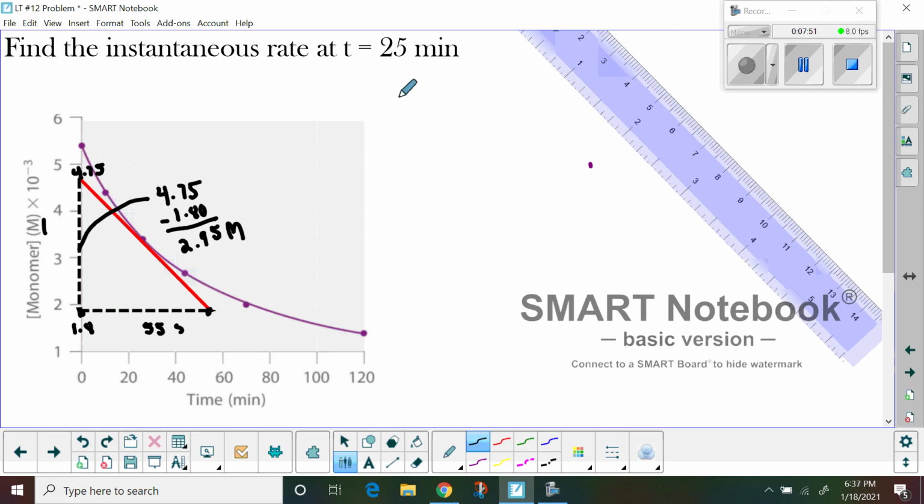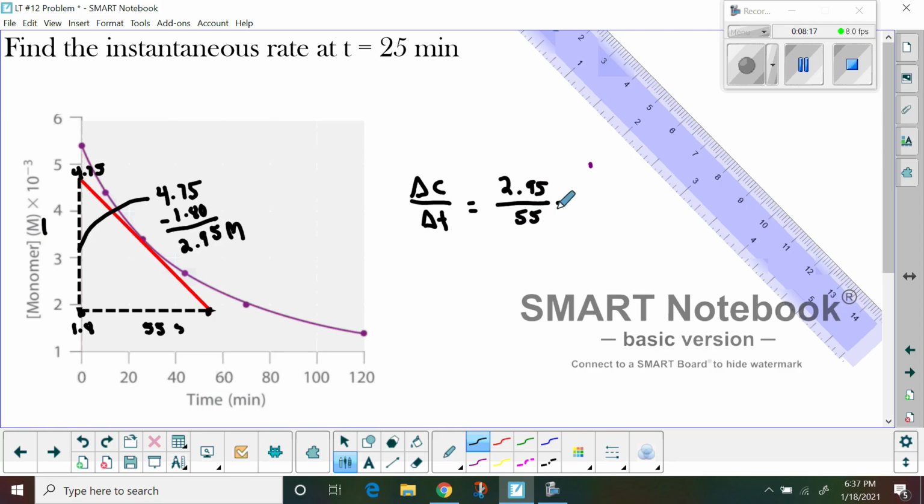So at 25 minutes, and this is the only time that this rate will be this particular value, it is going to be the change in concentration over the change in time. And that's going to get me 2.95 divided by 55.